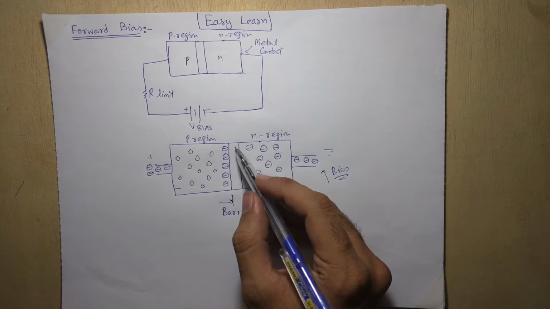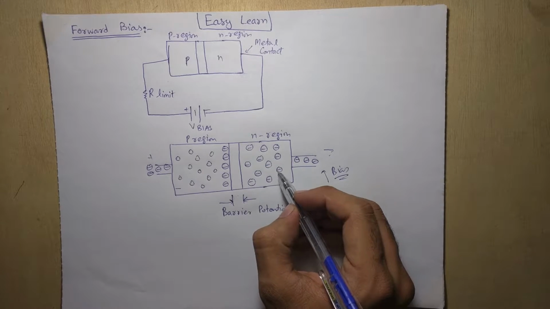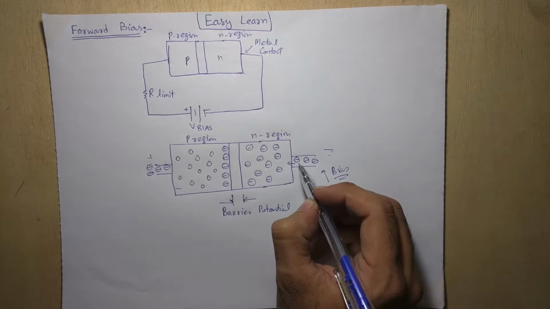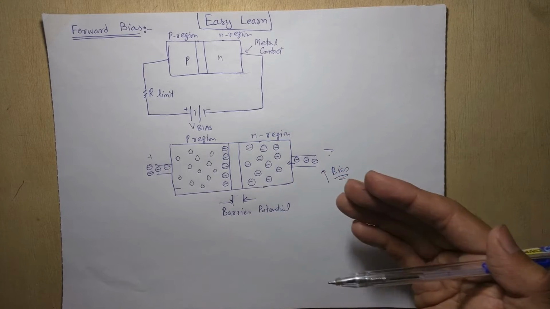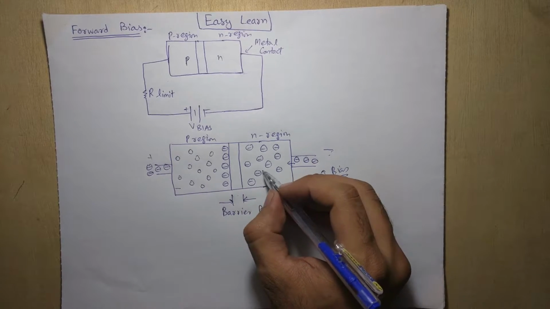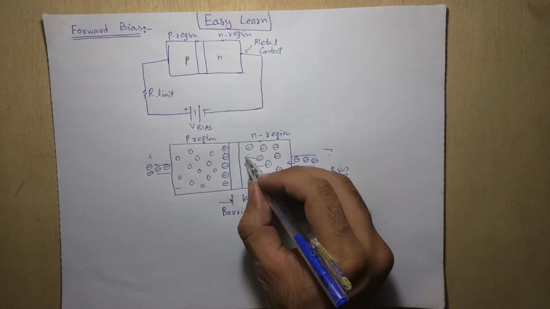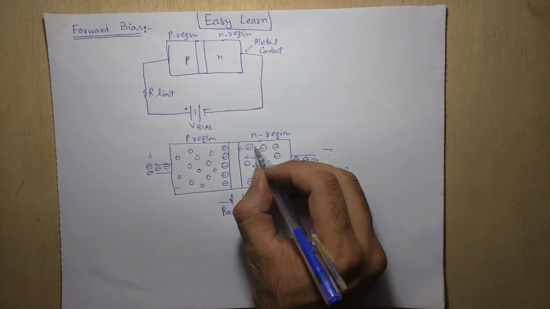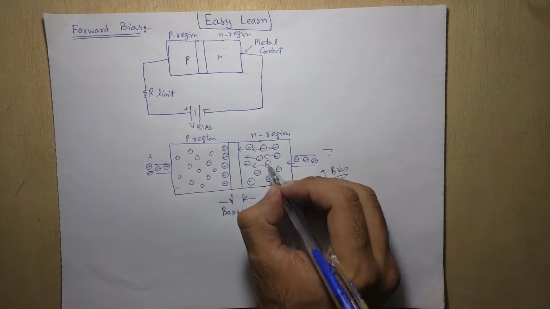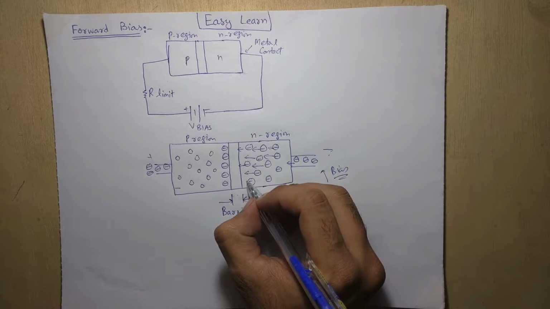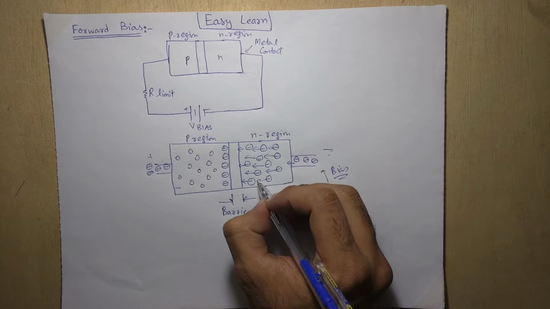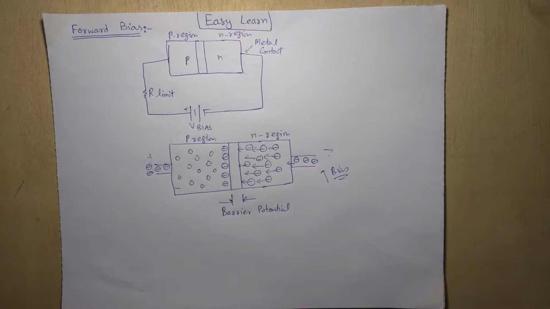This is the PN junction. Negative and negative push, so all the electrons are trying to move towards this side in a fixed pattern. Majority carriers are moving in the N region towards the PN junction.